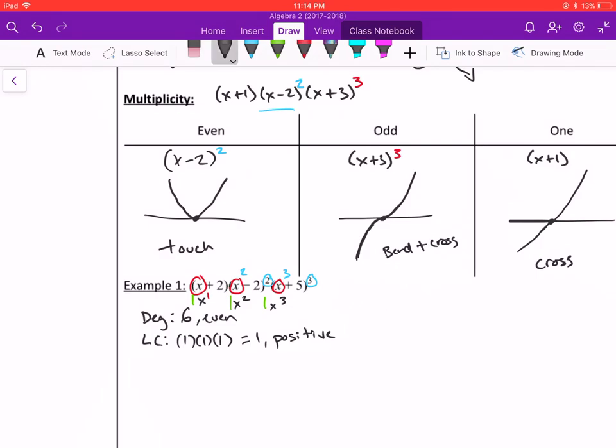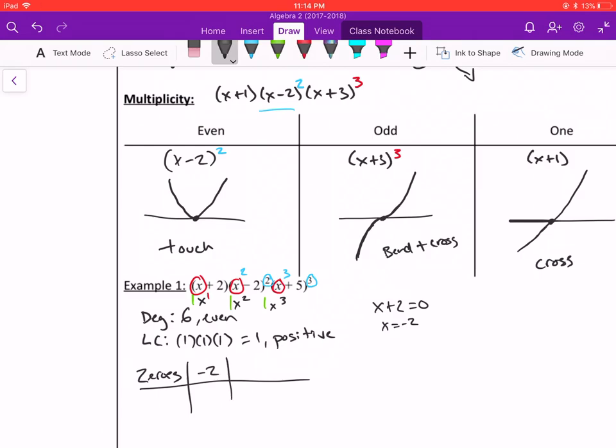Now look at your multiplicities. First off, your zeros. Your zero of x plus 2: if I take x plus 2 and put it equal to 0, this is going to be negative 2. So one of your zeros is negative 2.